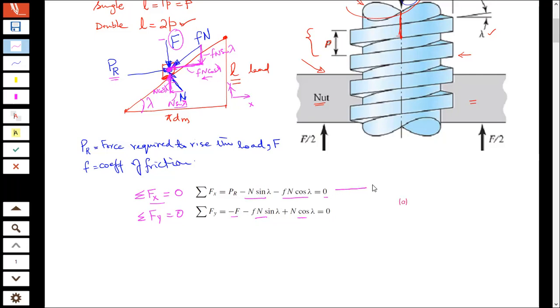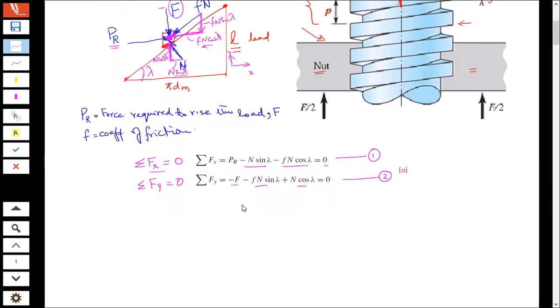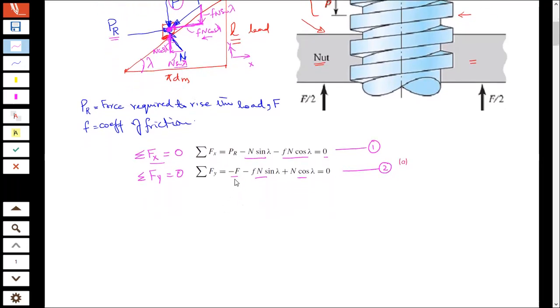Now let's say that this is my equation number 1 and this is my equation number 2. Let's look at equation number 2. If I take this equation number 2, I'll take this f to the other side, so I'll have n cos of lambda minus Fn sine of lambda equal to f, right?